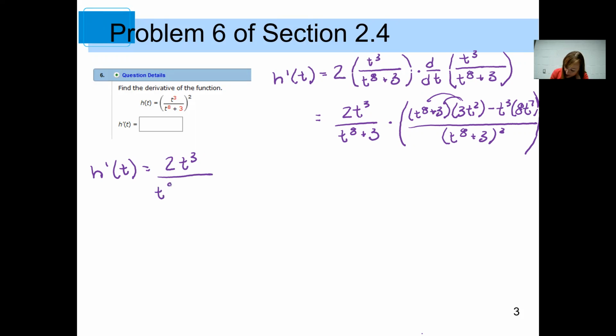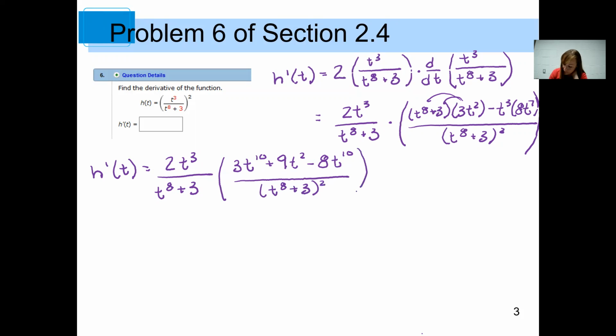So we have this t to the eighth plus 3. And then we have this 3t to the 10th plus 9t squared minus 8t to the 10th all together over this t to the eighth plus 3 squared.